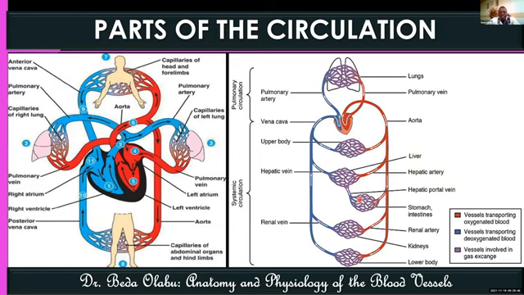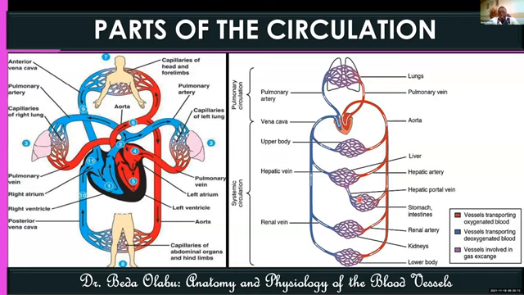From the glomerulus, you have vascular channels, which again connect and form another capillary bed around the proximal and the distal convoluted tubule. So we have the glomerular capillary, then efferent arteriole, and then peritubular capillaries.